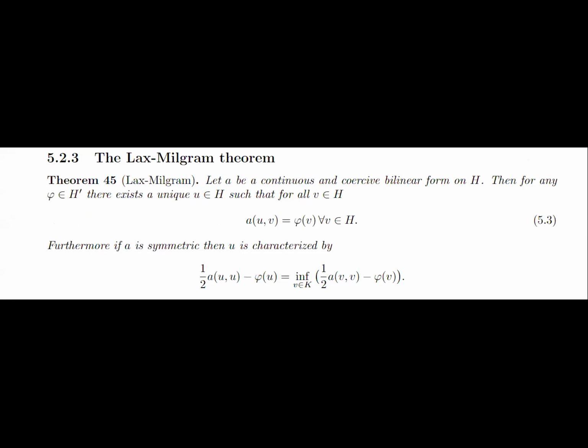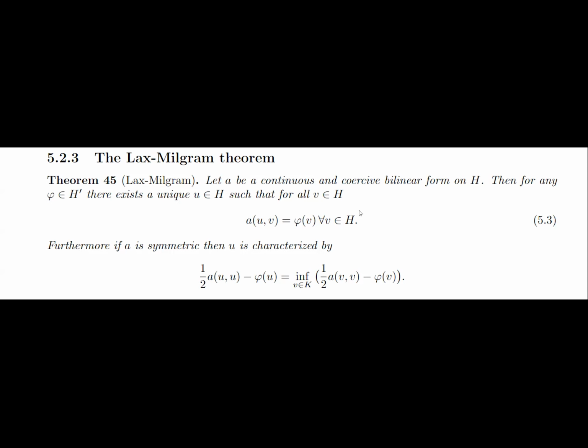So in this case, the conclusion is that there exists a unique U in H such that A of U, V equals phi of V for all V in H. We could say that the Lax-Milgram theorem is the Stampacchia theorem when you apply it to H. It is as you have the projection theorem.